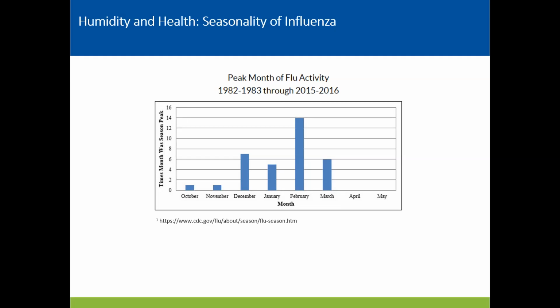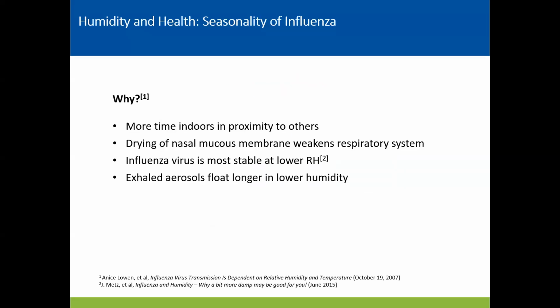And what they found here was that when we see people, of course, going inside because it becomes cold outside, we see a much higher rate of influenza. But the months that we're showing here also actually correlate with the time of peak dryness in the spaces.